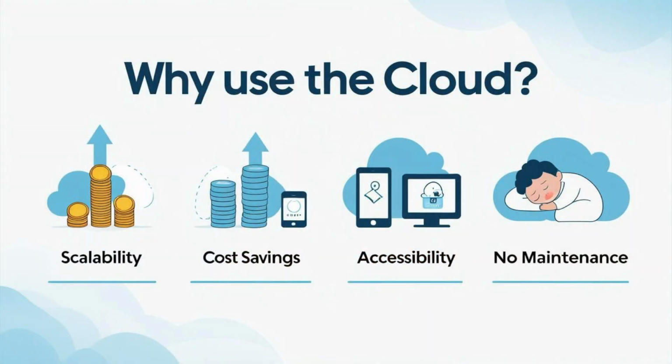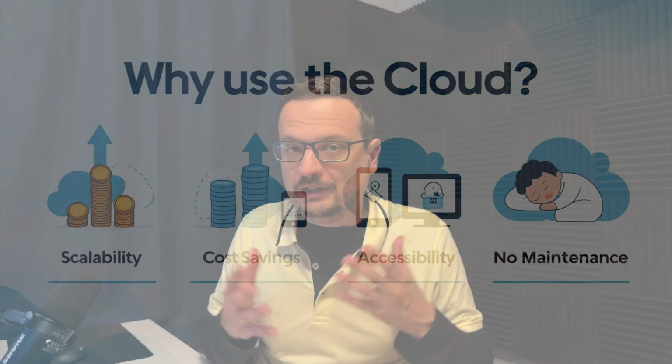You can simply rent what you need. Then we have accessibility. The best part about the cloud is you can use it anywhere as long as you have internet access, which gives you a lot of options. You don't need to move servers around. You just have your laptop with you, you have internet, and you can use everything in the cloud.